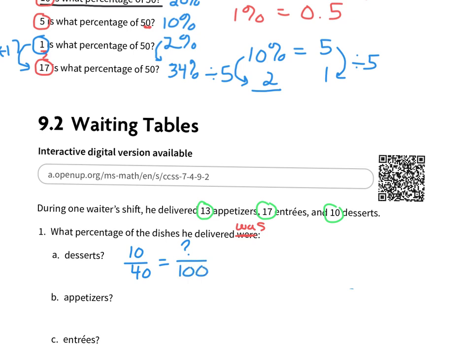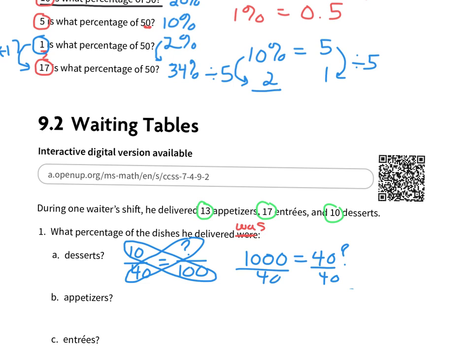Always 100 on the bottom beneath the percent. Now we would cross-multiply. 100 times 10 is 1,000, equals 40 times that question mark, and then divide by 40 to get our answer. That would be 25%.